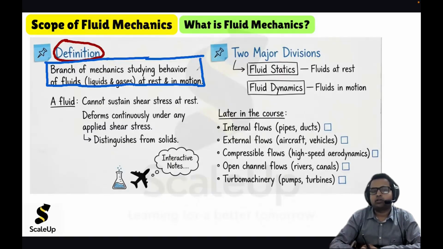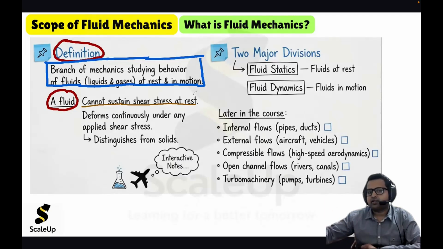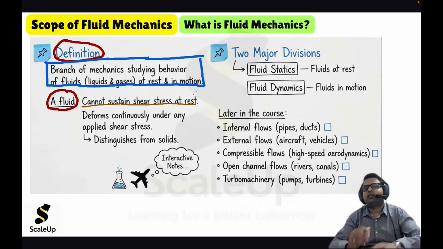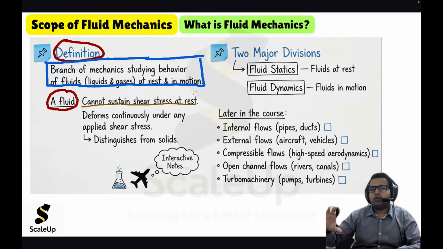A fluid is something which cannot sustain shear stress at rest, because when you apply a shear stress on it, it will displace. It cannot sustain shear stress. Whenever a shear stress is applied, it will undergo deformation.